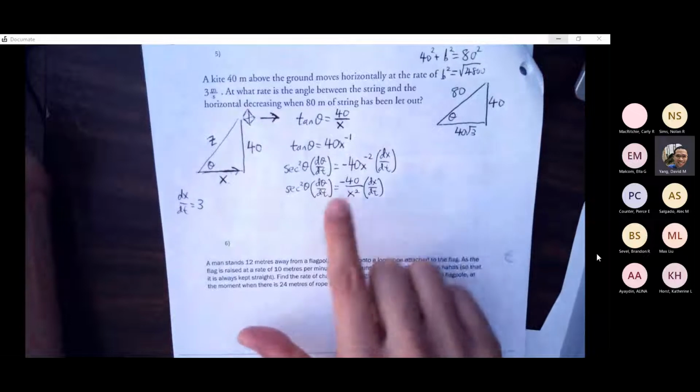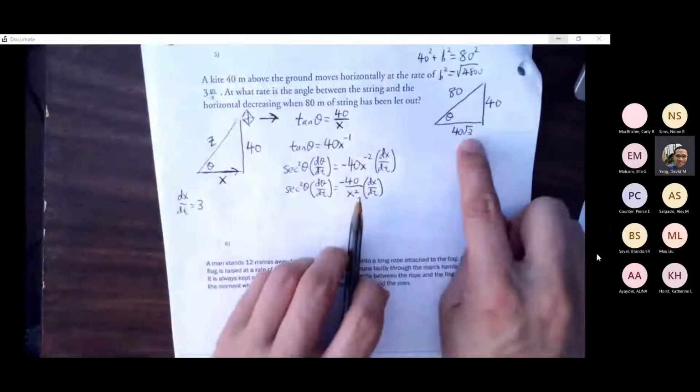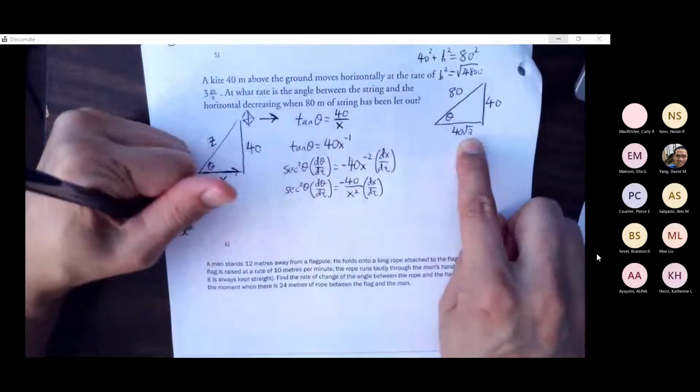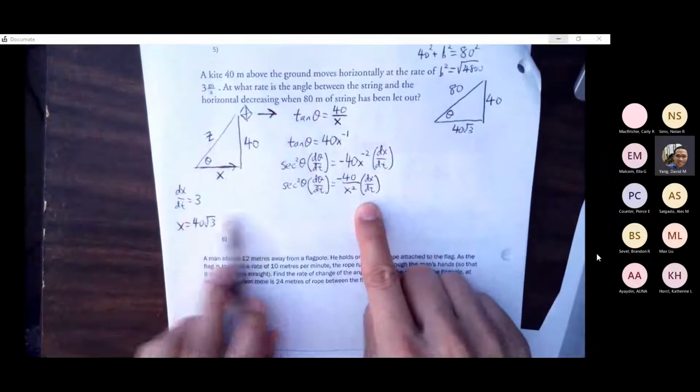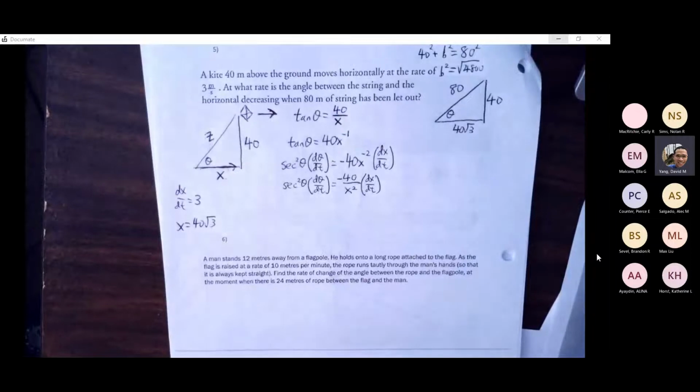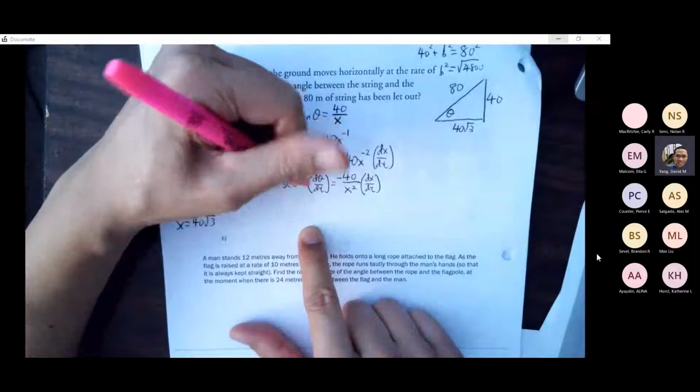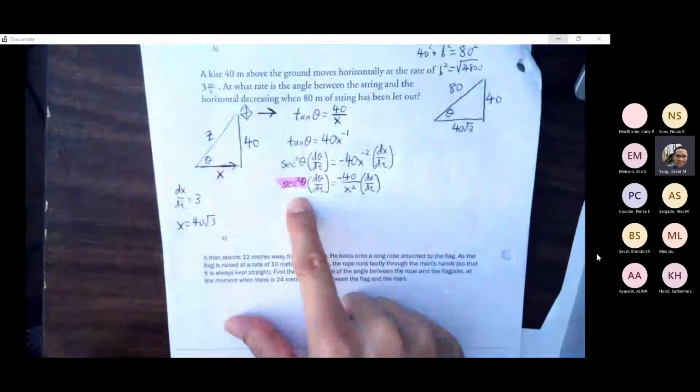Okay, so x gets replaced with 40√3, and dx/dt gets replaced with 3. What we need to worry about now is that secant squared. Secant squared theta, we have to go to our triangle and find a replacement.